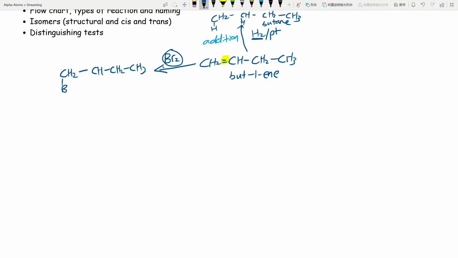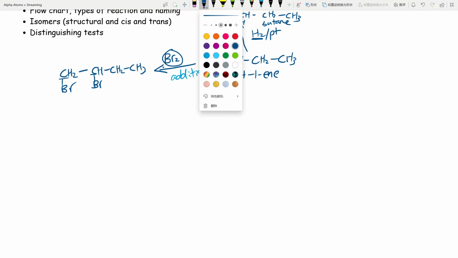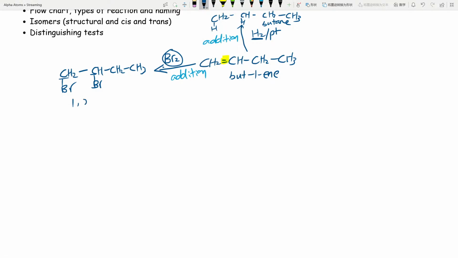This carbon is missing a bond, this carbon is missing a bond. Just add them in. This is addition. And as you can see, we made a dibromo compound. So this is going to be 1,2-dibromobutane.